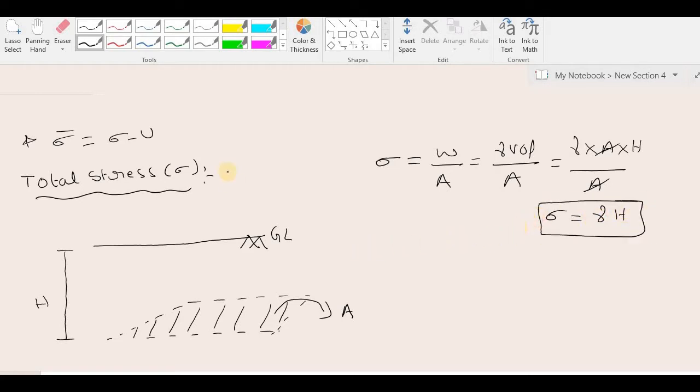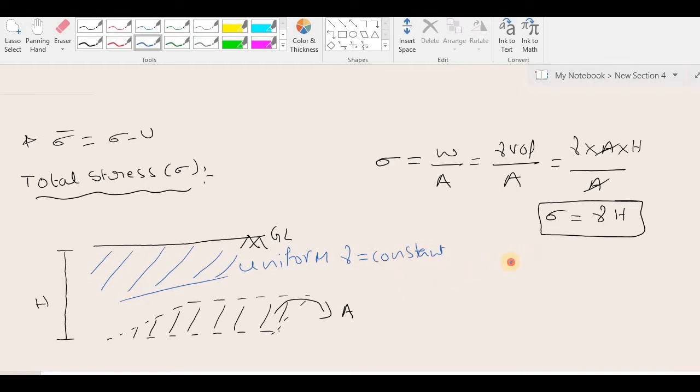This is the expression. Let's take a simple case. Consider this soil, which we consider right now as uniform. It means that the density is constant. It is not a layered soil.